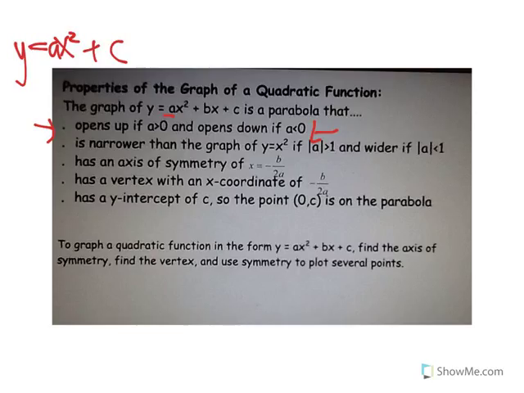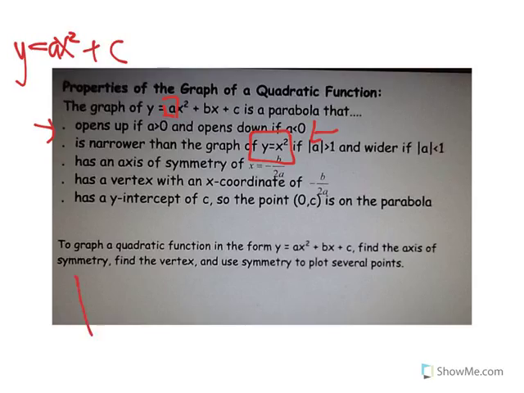It is narrower or wider than this base function, the most important one, because that's what we compare everything to. It's like when we compared y is equal to x for a line. If the absolute value of a is greater than 1, then it's going to be a narrow one.